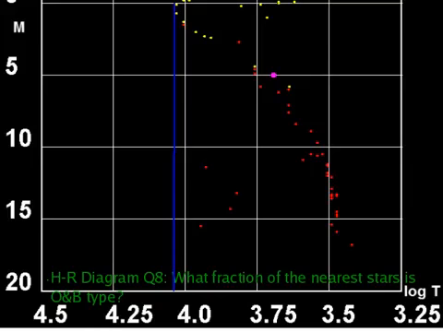Okay, so again, the blue line is our log of 11,000 K, which is just a little bit greater than the log of 10,000 K, which is 4.